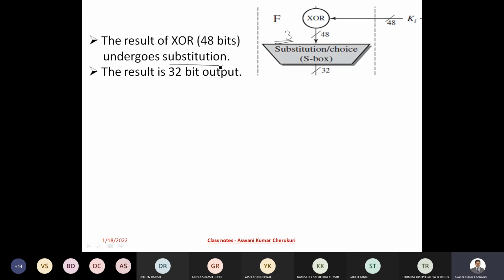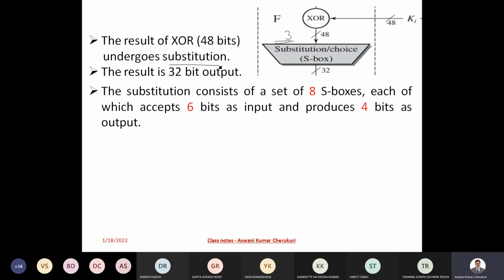How do I do it? Okay, this you have to listen very carefully. The substitution happens with the help of 8 substitution boxes, where each box is taking 6 bits as input. So 8 into 6, 48 bits as input.